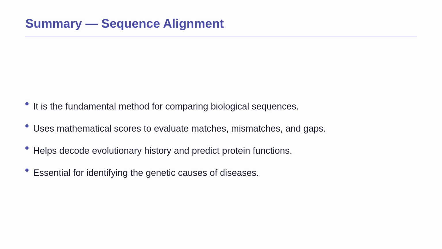This scoring system allows computers to search massive databases automatically. Ultimately, these alignments are what help scientists decode evolutionary history, predict protein functions, and identify the genetic causes of diseases. You now understand the core engine of computational biology.